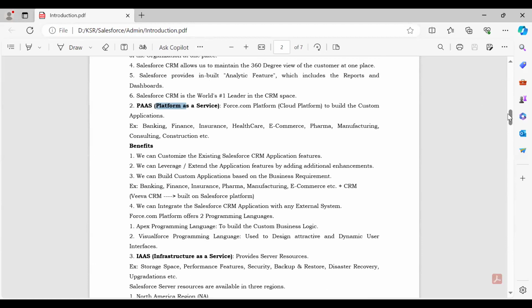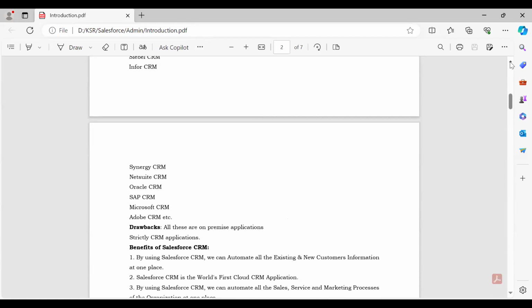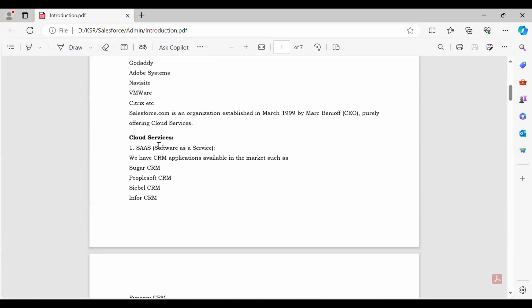Okay, now. So what do you mean by software as a service? The first cloud computing model is software as a service. What do you mean by software as a service? The name itself says, this cloud computing model provides ready-made software to their customers.